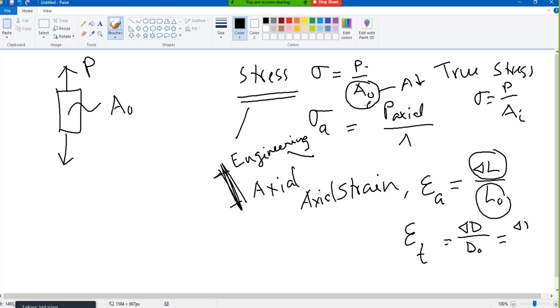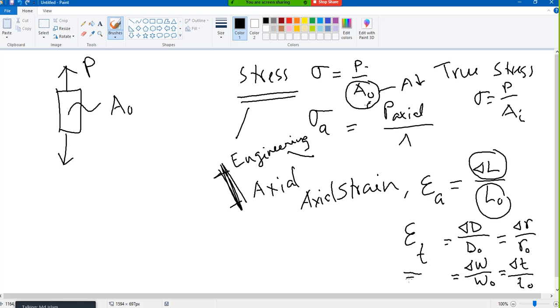Or maybe delta radius divided by original radius, or delta width divided by original width, or delta thickness divided by original thickness. So you can define it in different ways. Whatever parameter you take, it is the ratio of the change in that parameter divided by the original, for example change in radius divided by original radius.